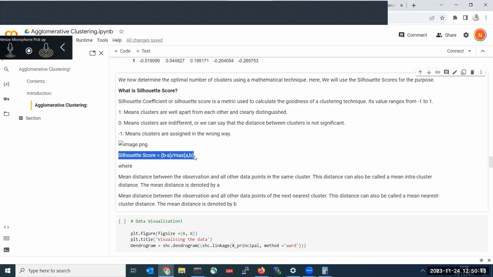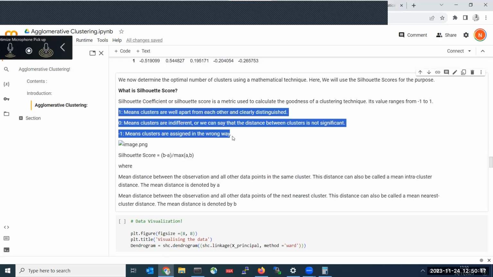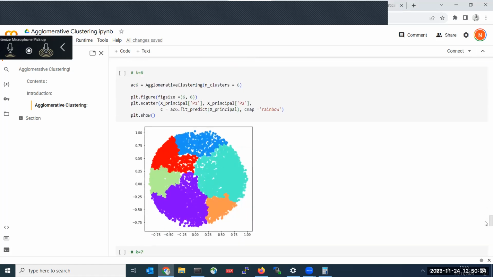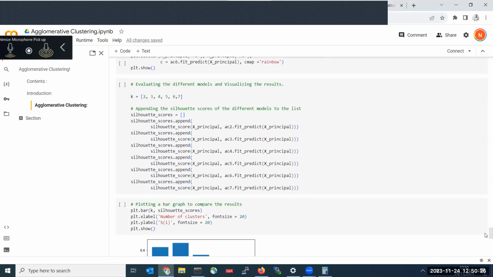Ignore this formula, just know about the Silhouette score and its range. That is enough for you to crack interviews on this. You should know the concept and the working nature of it, because we can't explain all the mathematical details during the interview. Maybe very rare companies like Amazon and Google will ask for mathematical formulas, but in the regular case we don't need all that.